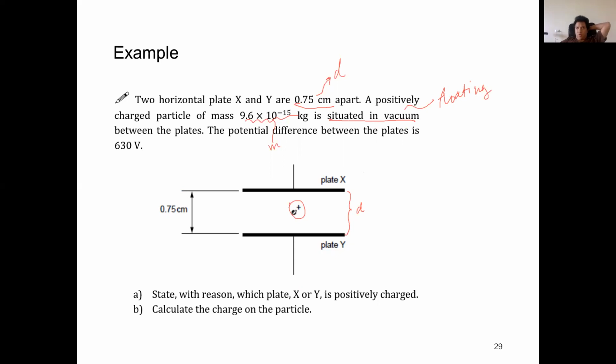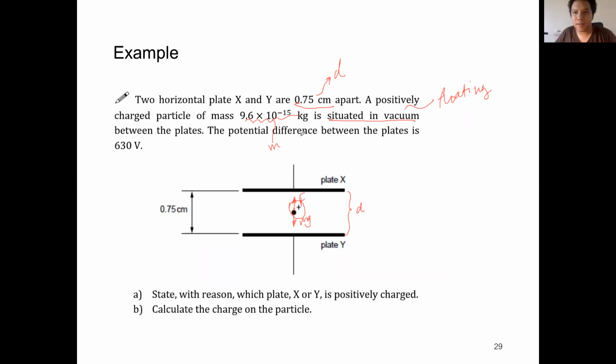Okay, so normally there would be mg, if you take into account the mass. But if there is only mg, the particle will just fall down. So there should be some kind of force that is acting on it. Okay, so F.